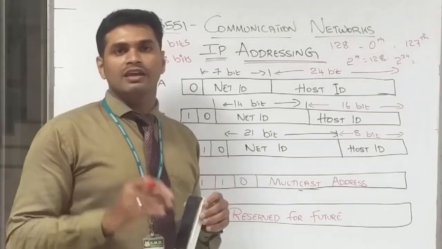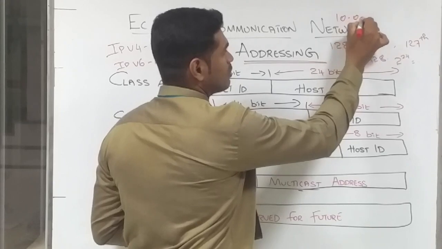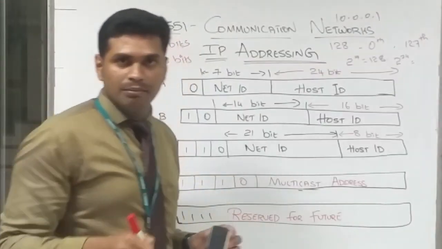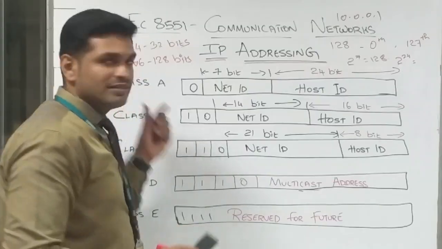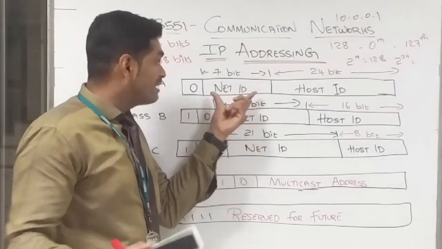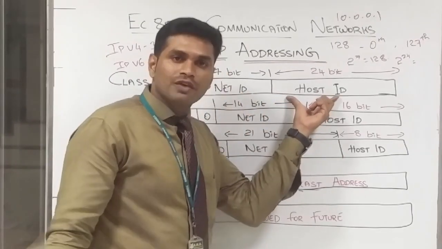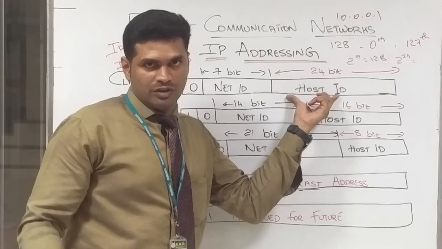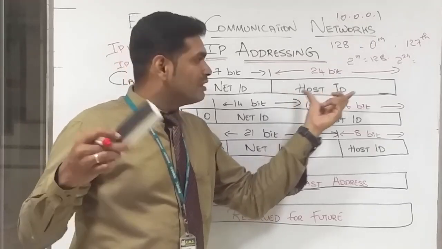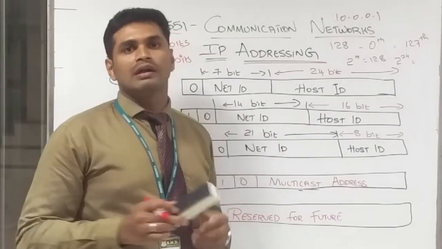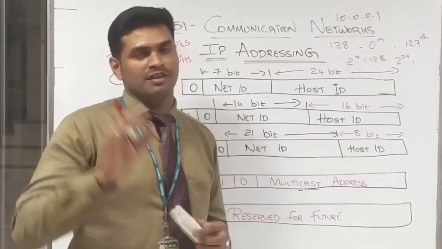So in class A, if you convert 10.0.0.1 to a binary number and the very first bit is 0, then it belongs to class A. The next 7 bits represent the network ID, and the remaining last 24 bits represent the host ID. So 2 power 7 networks can be addressed, and 2 power 24 host computers can be addressed with the class A addressing scheme.